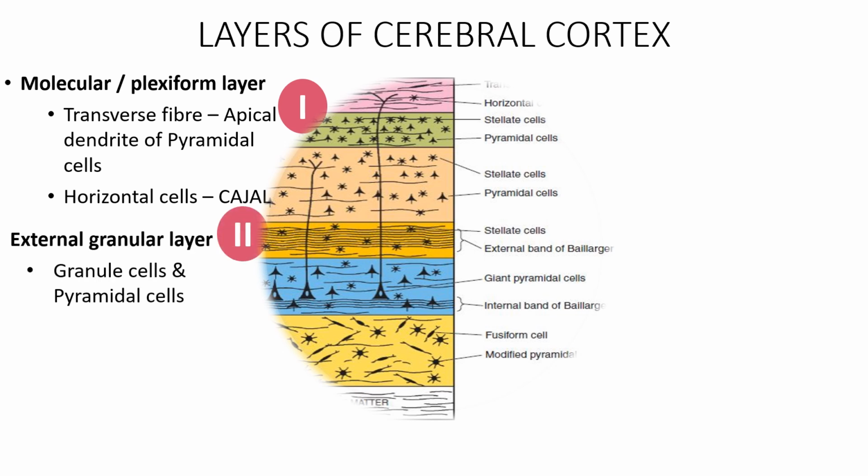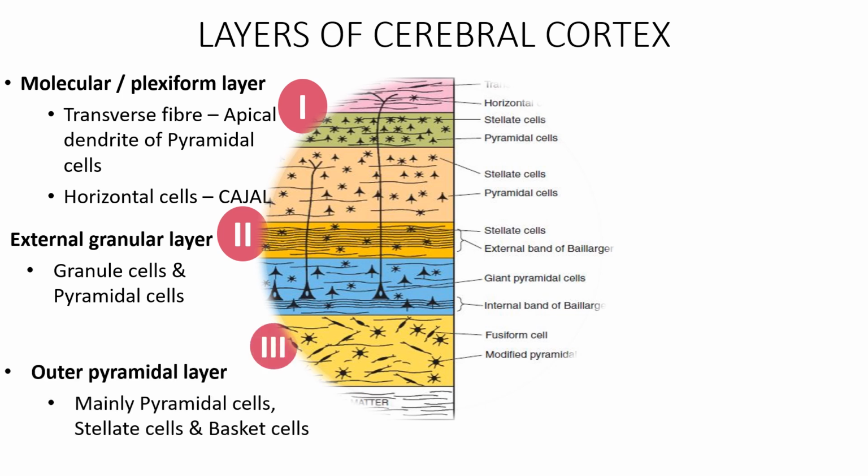The second one is the external granular layer, which has numerous stellate or granule cells and a lesser number of small pyramidal cells. It is traversed by the afferent and the efferent projection fibers. The axons end in the deeper layer.